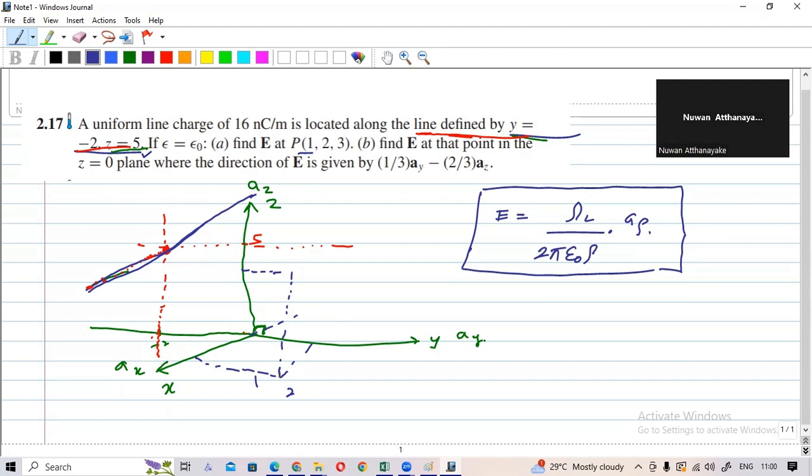So maybe the point is in this location, and the point coordinate is 1, 2, 3.